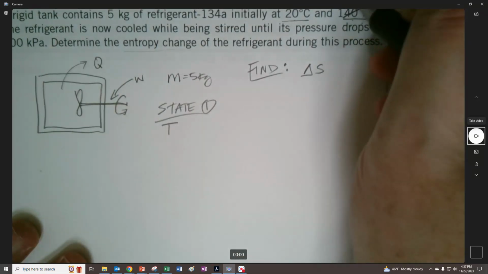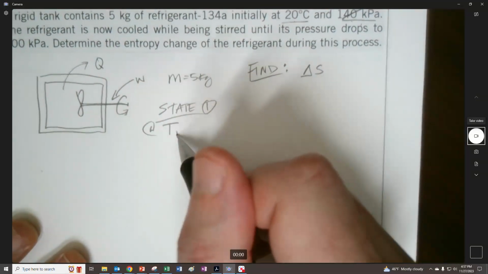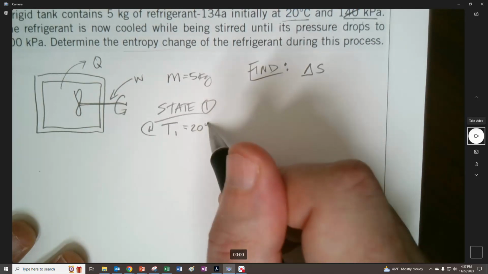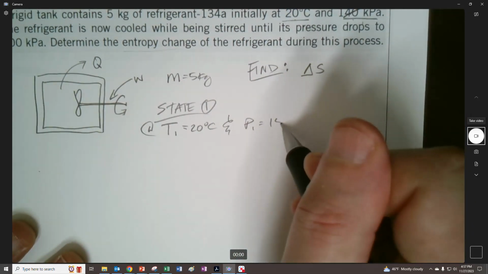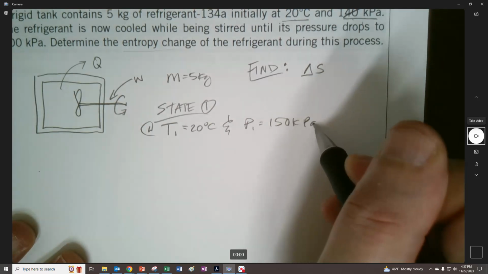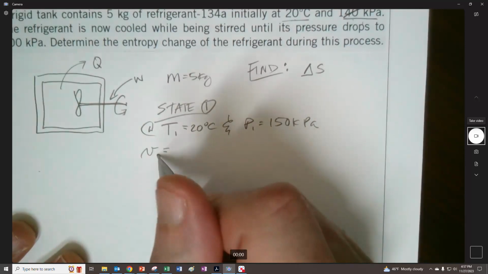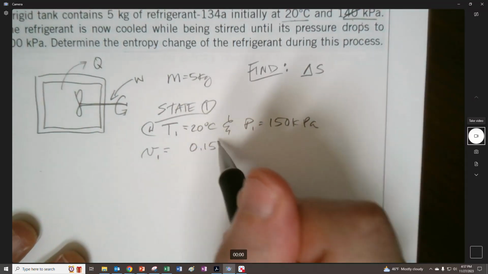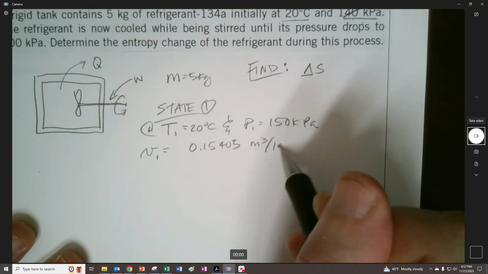That's 150 to make our lives easier. State 1 at T1 equals 20 degrees Celsius and P1 150 kPa. We'll have the specific volume v, which is going to be 0.15405 cubic meters per kilogram.